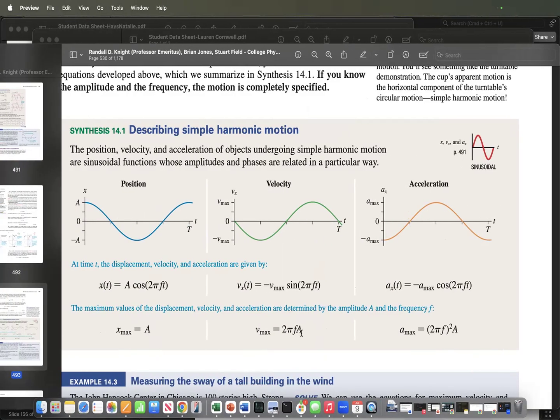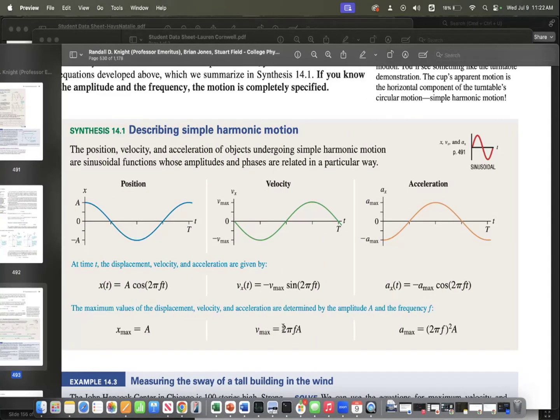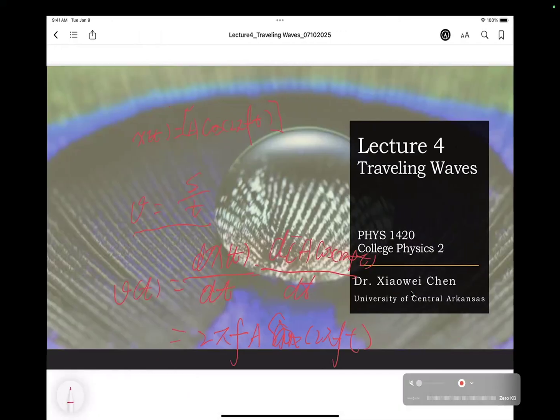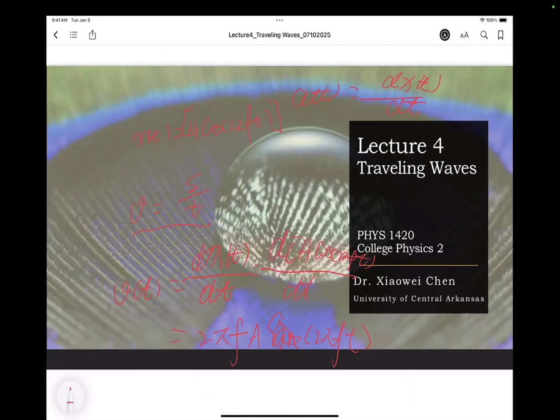That's the reason why the maximum velocity equals 2 pi f A. Does it make sense? And similarly, the acceleration a(t) equals dv(t)/dt.